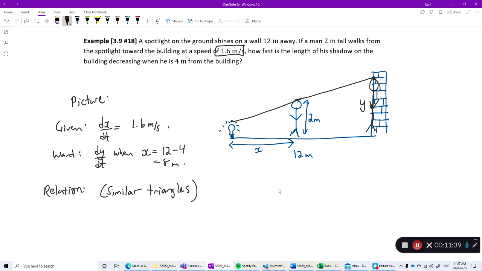What I'm saying here is if you have two triangles that are nested like this, the smaller triangle here is similar, meaning it has the same shape as the larger triangle here. These would be similar triangles.